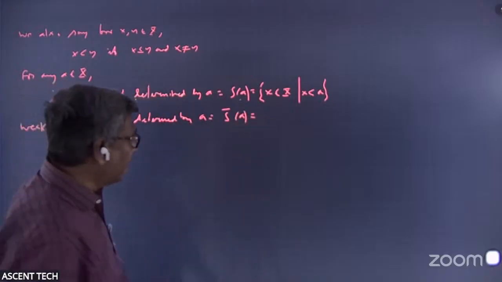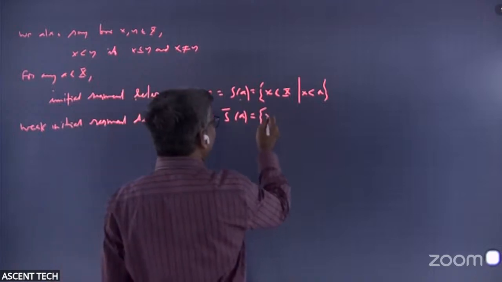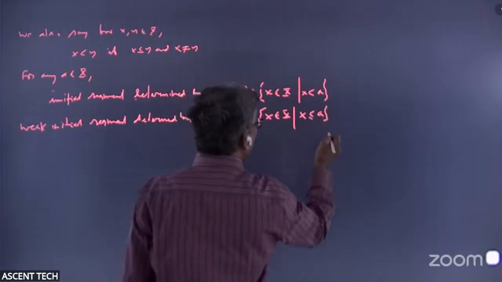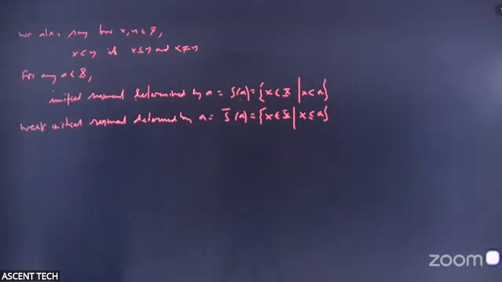There's no topology here. It consists of all x in X which are less than or equal to A. That's a weak initial segment. All these are very routine definitions.